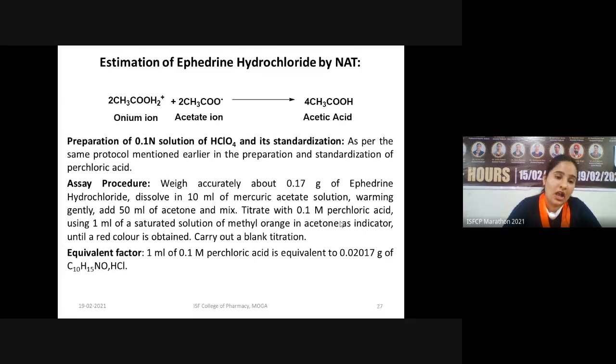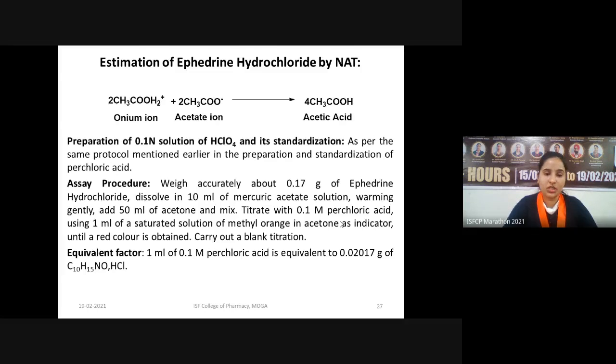In the same way, we will also be performing the blank titration. How is the blank titration done? In the blank titration, we will not be adding ephedrine hydrochloride, and we will find out again the volume of perchloric acid which has been used.